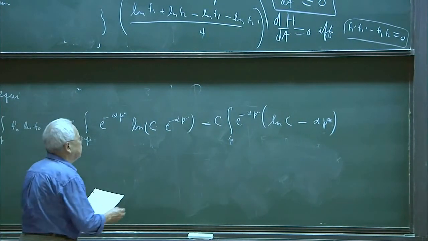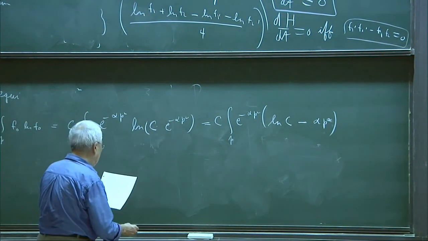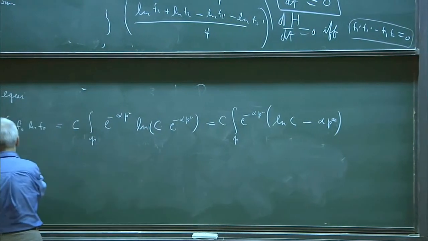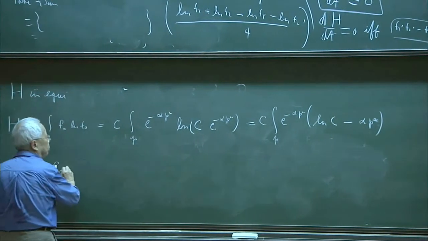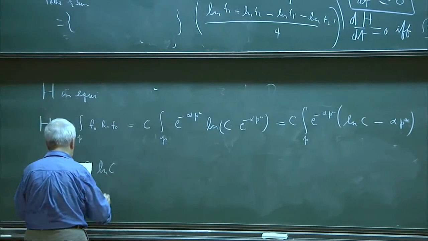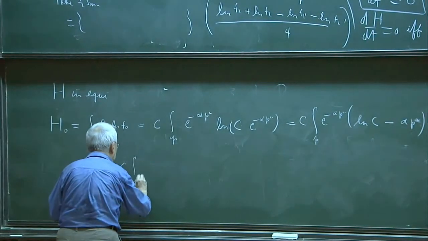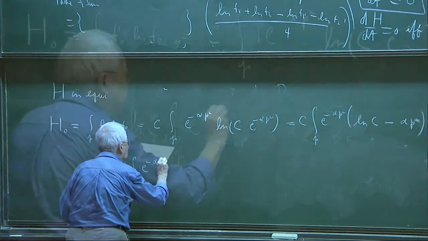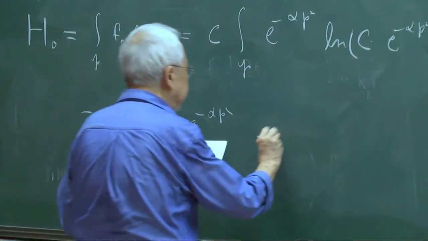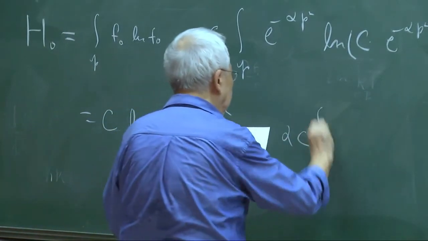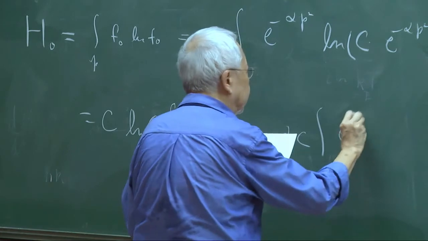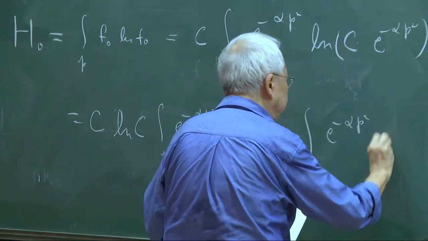But a quicker way is that since we have done those integrals before, you just note that, let me rewrite this. The first one is C log C times the integral over p of e to the minus alpha p squared. The second one is minus alpha times C times the integral over all p of e to the minus alpha p squared times p squared.